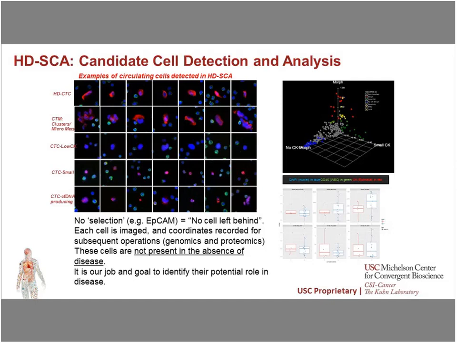I want to specifically point out that these cells are not present in the absence of disease. We have done a lot of control experiments to make sure of that. And it is our lab's goal to identify their potential in disease.